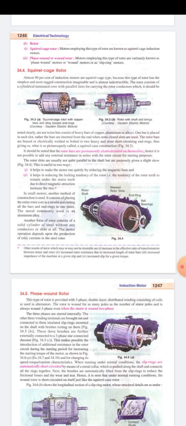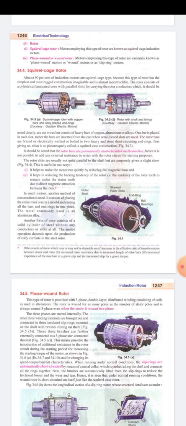and is almost indestructible. The rotor consists of a cylindrical laminated core with parallel slots carrying the rotor conductors, which it should be noted clearly are not wires but consist of heavy bars of copper, aluminum or alloys.